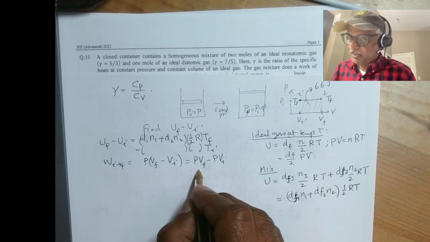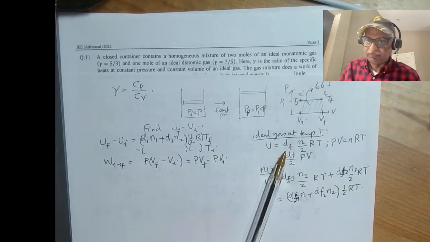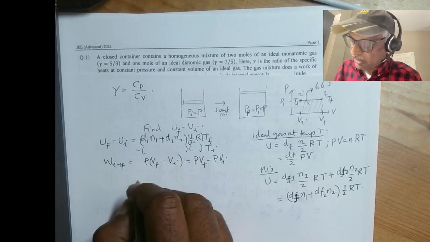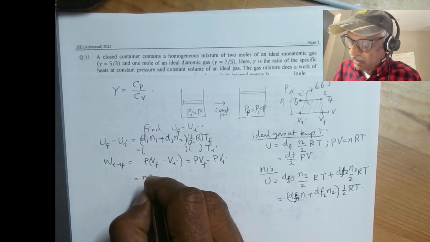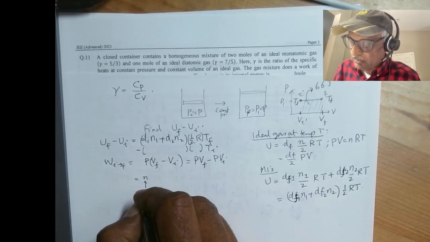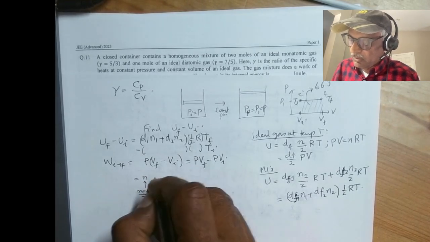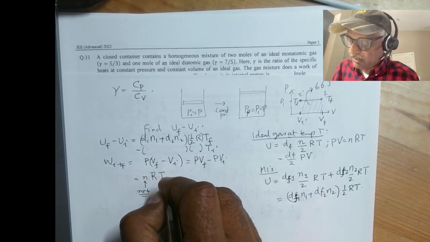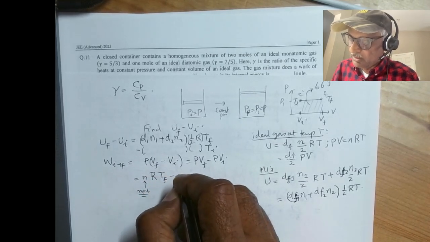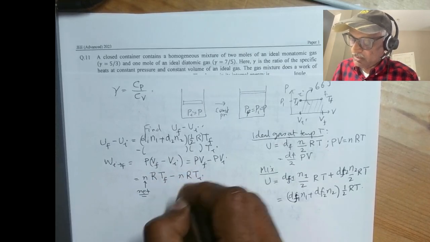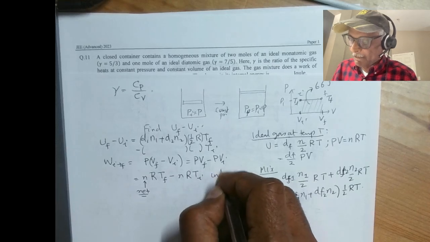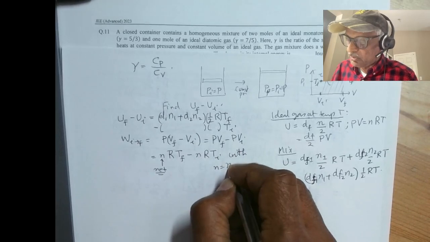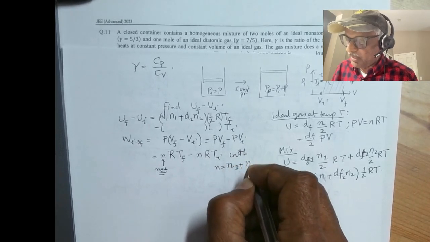So if you write this down, so this just turns out to be net N, the net amount of gas there is, nRT final minus nRT initial, with N simply equals to 2 types of gas you have.